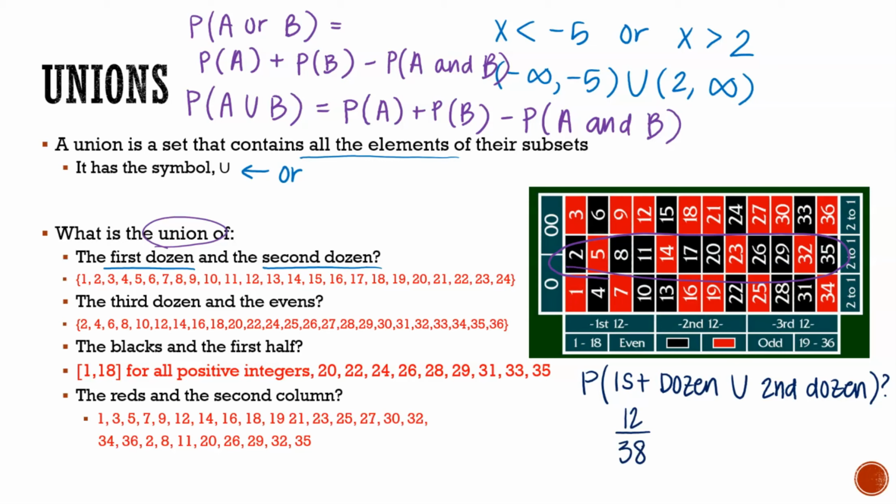The second dozen would also be the 12 numbers 13 through 24 out of the total 38. Union, since we are finding the set that contains all the elements, the word or means to add these two probabilities, and that would be equal to 24 out of 38, which you could reduce to 12 out of 19.